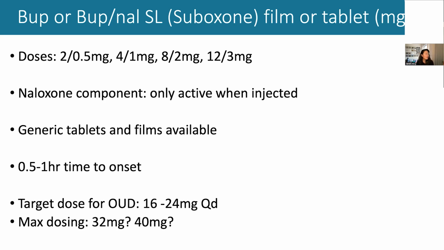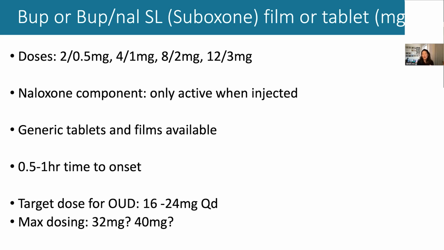The question that comes up a lot with sublinguals is whether there is a max dosing. So we know that the effective treatment dose for opioid use disorder is 24 milligrams a day, but is that the actual max? Now in the addiction world, especially with potent non-prescribed opioids out there, people have been trying a lot higher dose of buprenorphine and being able to get that approved by insurance.